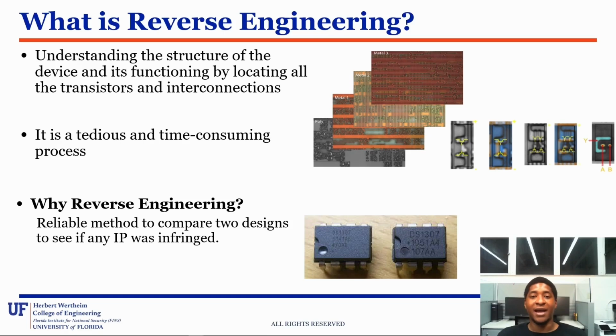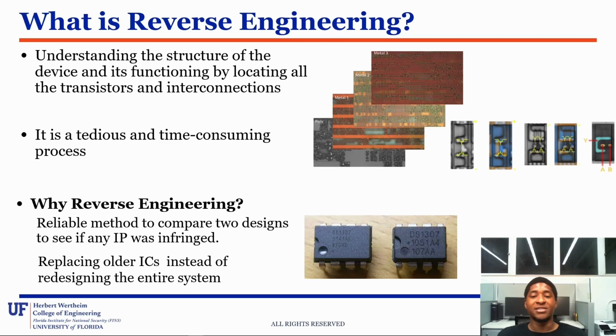Another reason why we use reverse engineering is to replace older ICs in entire systems. This is a very crucial role of reverse engineering where we address a concept called hardware obsolescence.